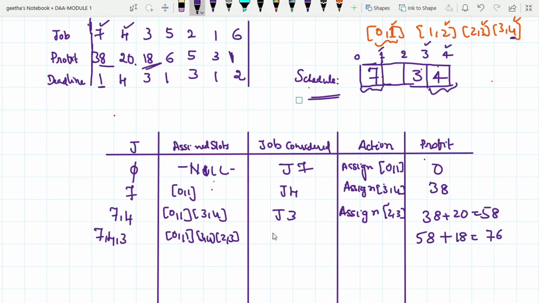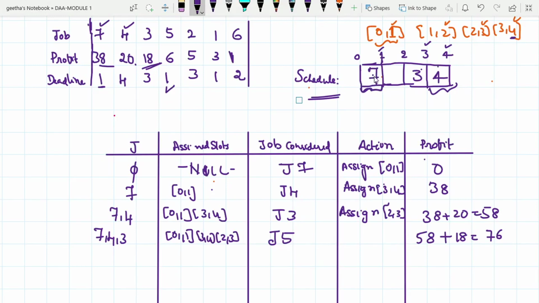The next job considered is 5. The deadline for job 5 is 1, but that slot is being used by job 7.